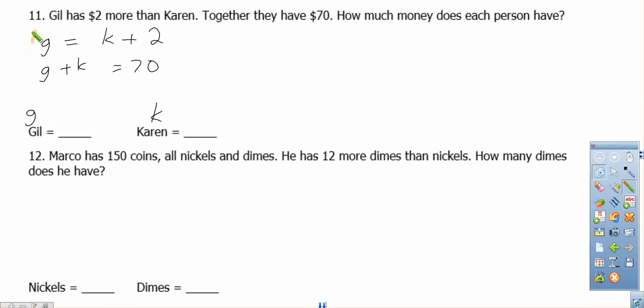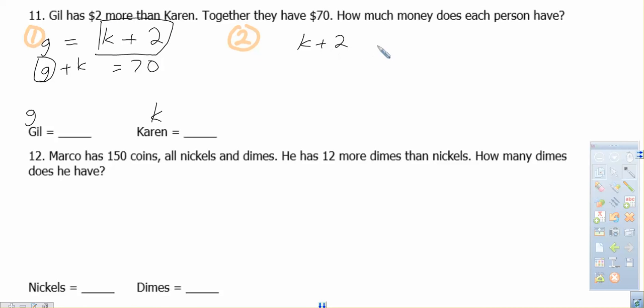All right. Our first step is to select that first equation, G equals K plus 2. Our second step is going to be to plug this value, K plus 2, in wherever we see G in the second. So that would be K plus 2 plus K, that was already there. There's the G. Plus K equals 70. Combining like terms, we get 2K plus 2 equals 70.